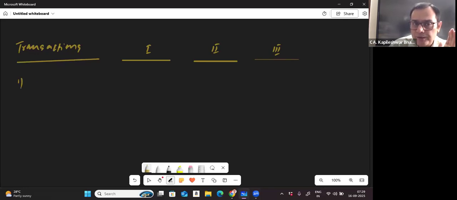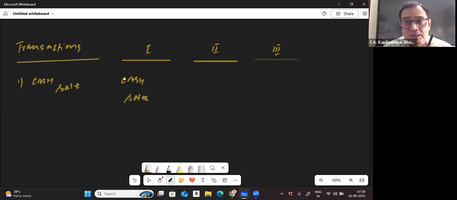I give you the transaction: there is a cash sale. Tell me which are the two accounts which will be taken in this particular case. That's wonderful indeed. So one is cash and the other one is sales. One is cash by default and the other one is sales. The cash, of course, is an asset.